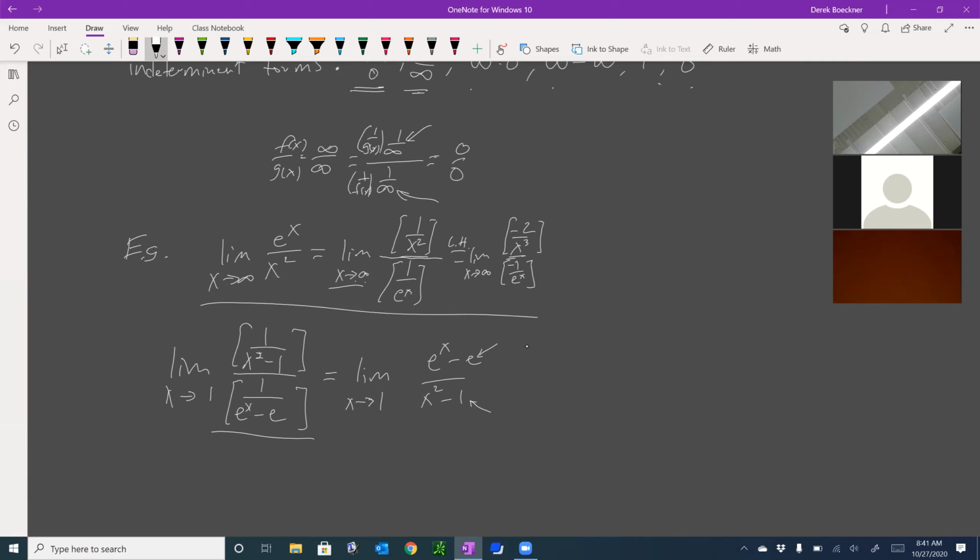And now I get 0 over 0. And by L'Hopital's rule, this is going to be the limit of e to the x. e is a constant, so its derivative goes to 0. Here, that's 2x as x goes to 1. So this is going to be e over 2 is what my limit's going to be. Okay.